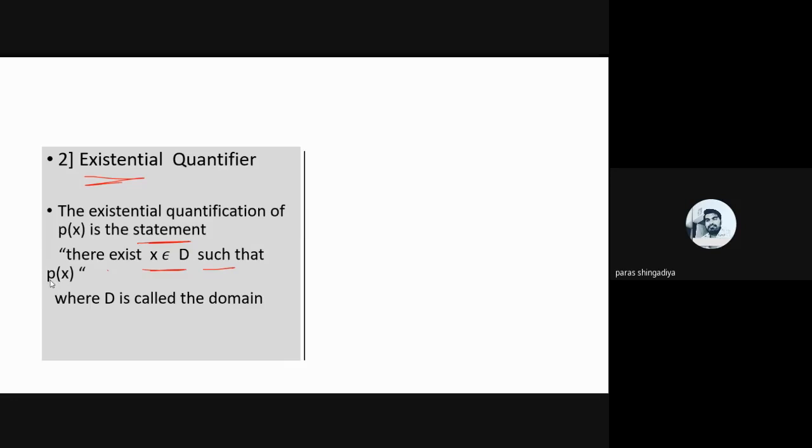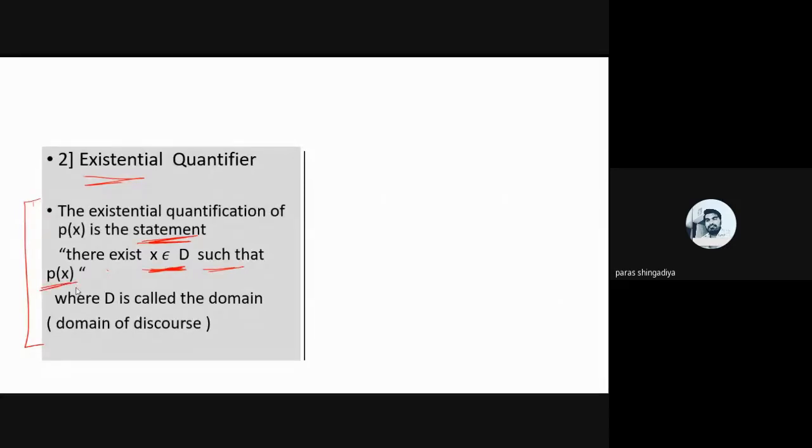This is known as the existential quantifier, where d is a domain, otherwise known as the domain of discourse. The existential quantification of p of x is the statement: there exists x belonging to d such that p of x, meaning for x belonging to d, p of x would be a statement.